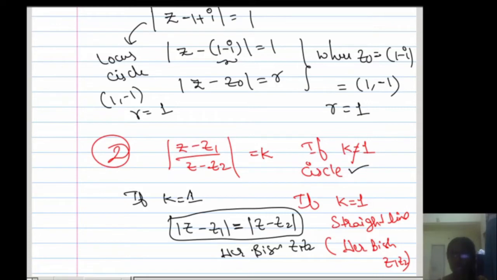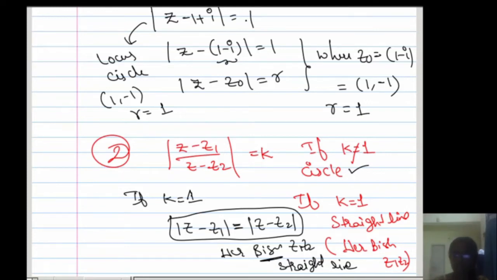Equidistant means the locus is the perpendicular bisector of z1, z2, which indirectly is a straight line. Understood? It represents a straight line in the case of k equal to 1. If k is not equal to 1, it represents a circle.